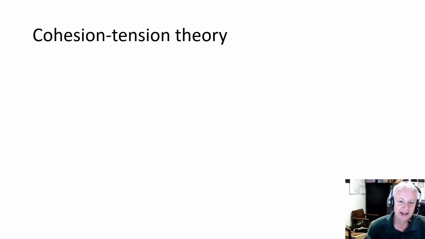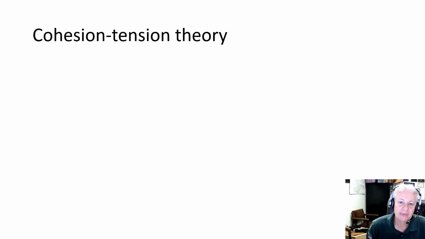This is another really important concept in water transport in vascular plants, and that's the cohesion-tension theory. This is the consensus theory for how water transport occurs in vascular plants. Back in the 19th century, there were a lot of working hypotheses for how water transport in xylem might work.